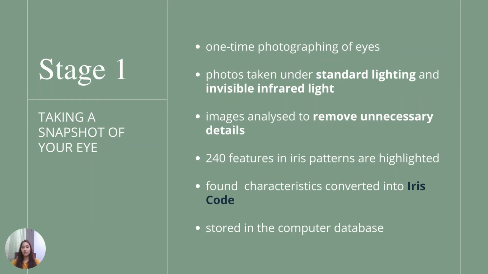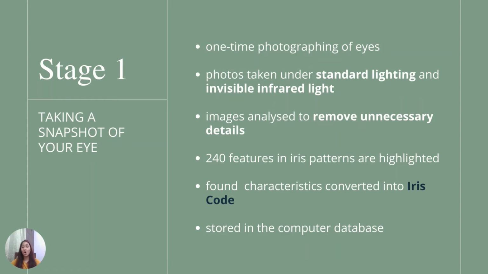These two digital photographs, taken under different types of lighting, are then subjected to computer analysis, which removes unnecessary details such as eyelashes and highlights about 240 features in iris patterns, which is approximately 5 times more than in fingerprint identification systems.